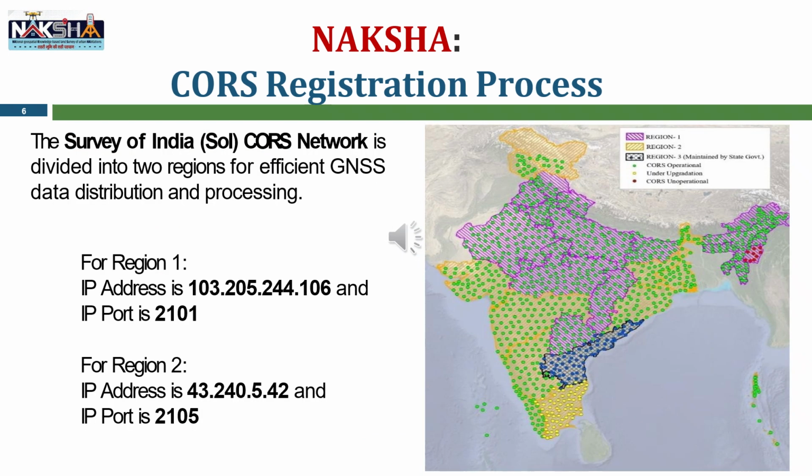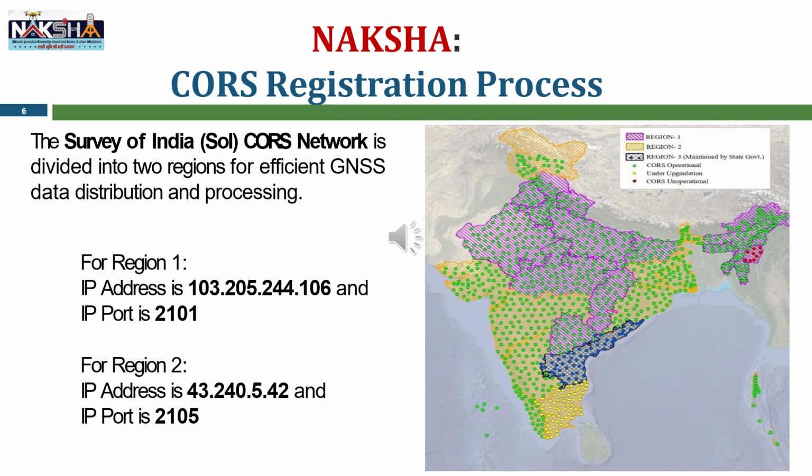Now, let me give you an overview of the Survey of India CORS network. As you can see on this map, the CORS network is spread across the entire country. It is divided into two main regions for efficient GNSS data distribution and processing. Region 1, shown in yellow on the map, covers northern and central India.